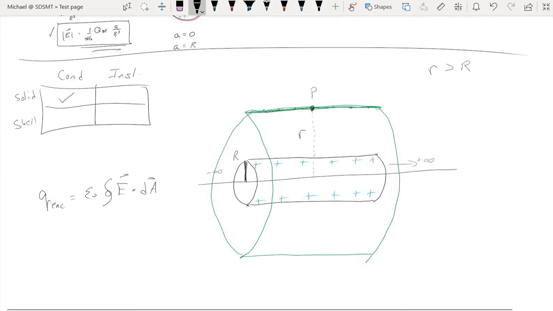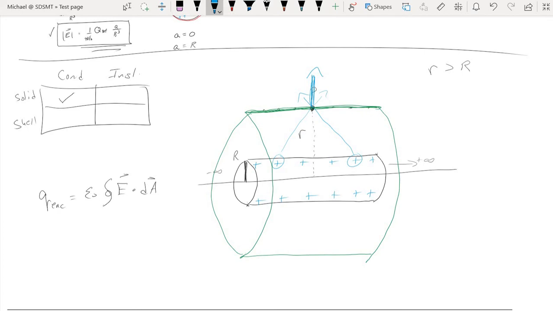Because now we can see that for every charge along the cylinder, those charges are going to be sending their field lines up to point P. Those field lines are going to add and cancel out their horizontal components, leaving only vertical components of field.